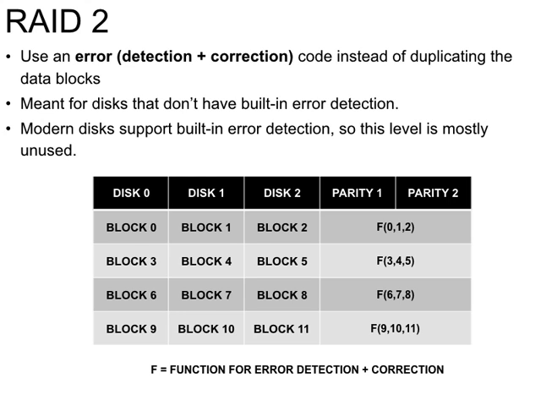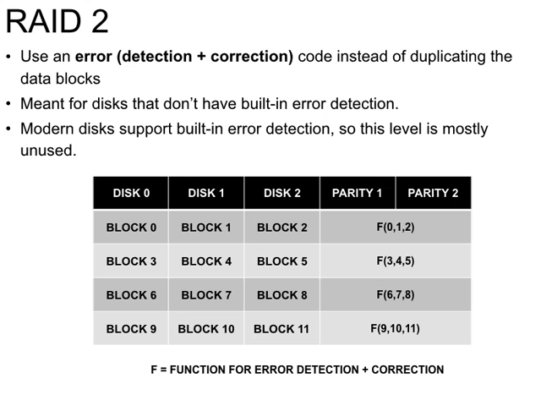Similarly, for blocks 3, 4 and 5, the corresponding parity information is stored in the disks parity 1 and parity 2. So the specific type of the parity information or the parity function depends on what type of error detection and correction you are performing. Depending upon the type of the function f, you might have different amounts of overhead for the parity information.